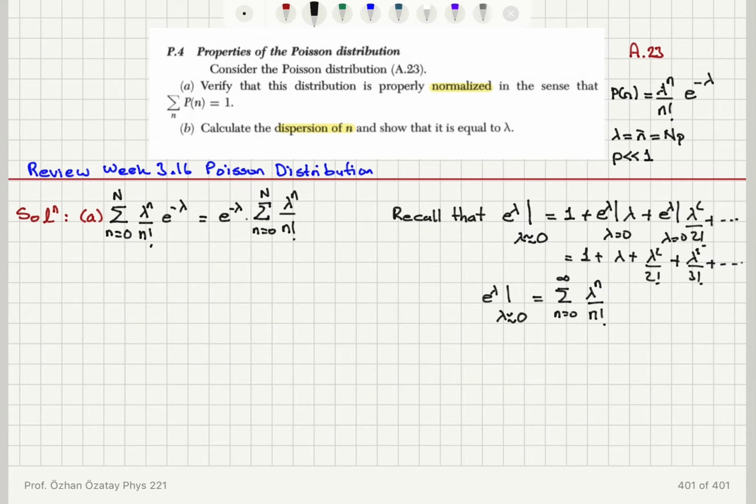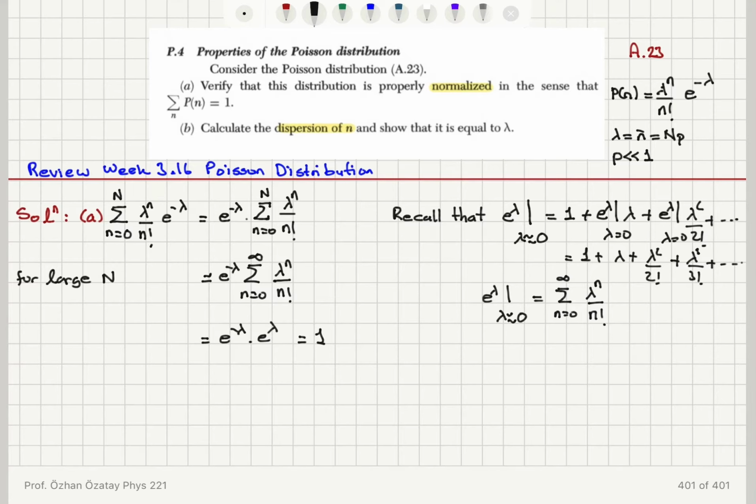So the only difference here is this is an infinite sum and this is capital N. So for large capital N, we can approximate this to be e to the minus lambda, turn it into an infinite sum from 0 to infinity, lambda to the n divided by n factorial, and in that case this is going to become e to the minus lambda times e to the plus lambda, which is 1.